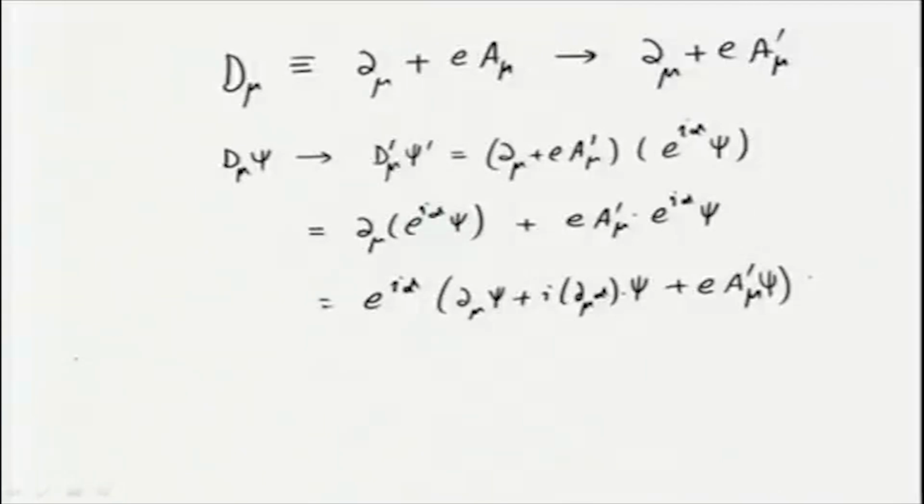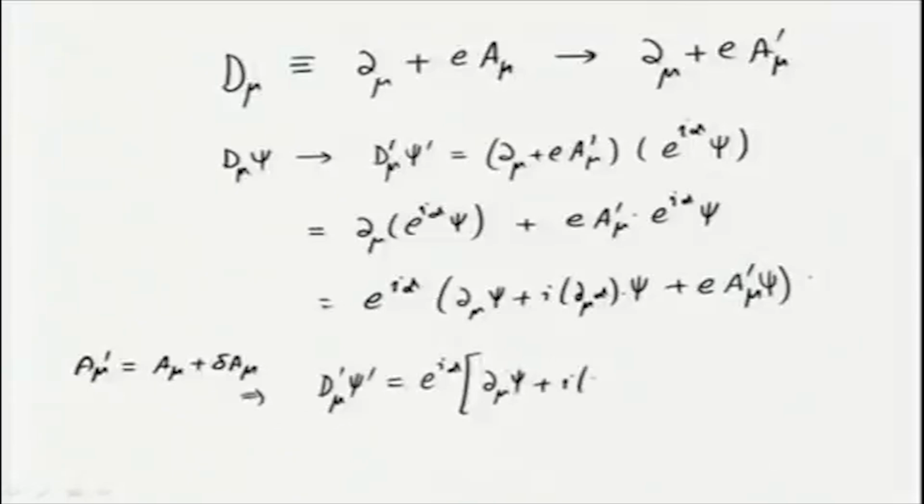Now, if I take a mu prime as the original one plus some delta a mu, then that will give you d prime psi prime is equal to e power i alpha, first term as it is, second term as it is, the other term is e a mu psi plus e delta a mu psi.